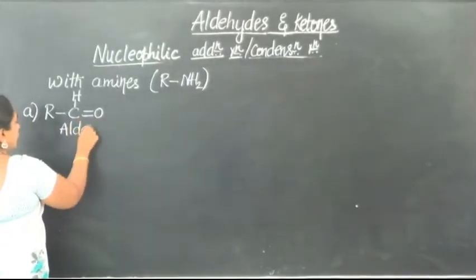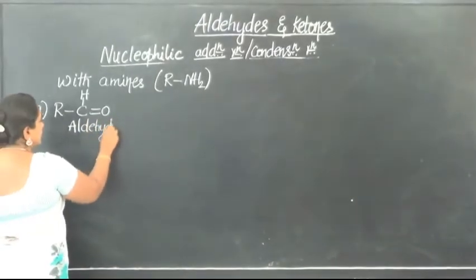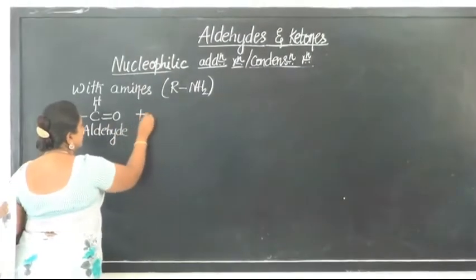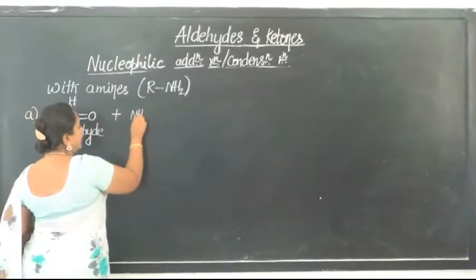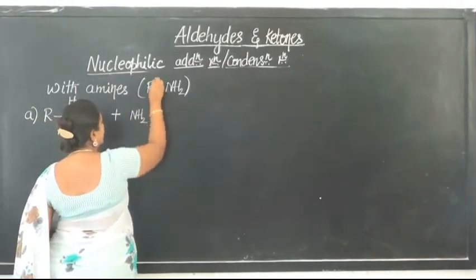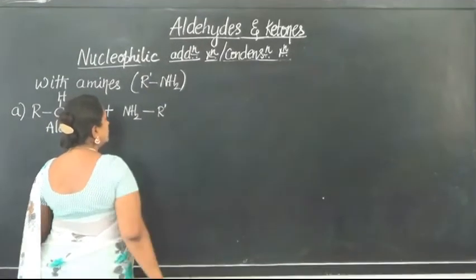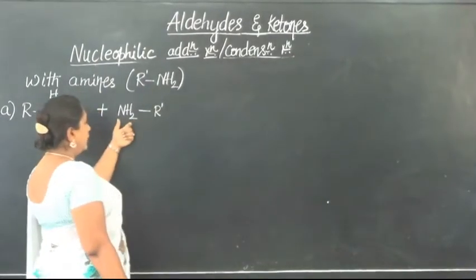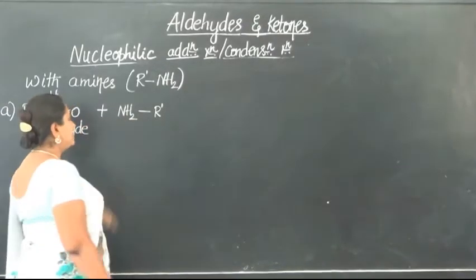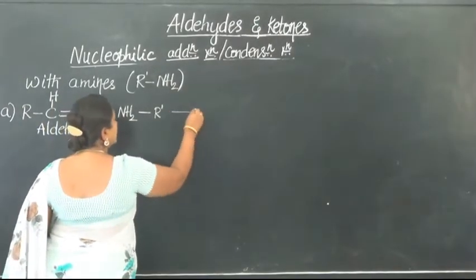Aldehydes, when treated with amines, NH2, we'll make it as R dash, no need to show the difference between this R and that R. So R dash NH2 is an amine. What happens?